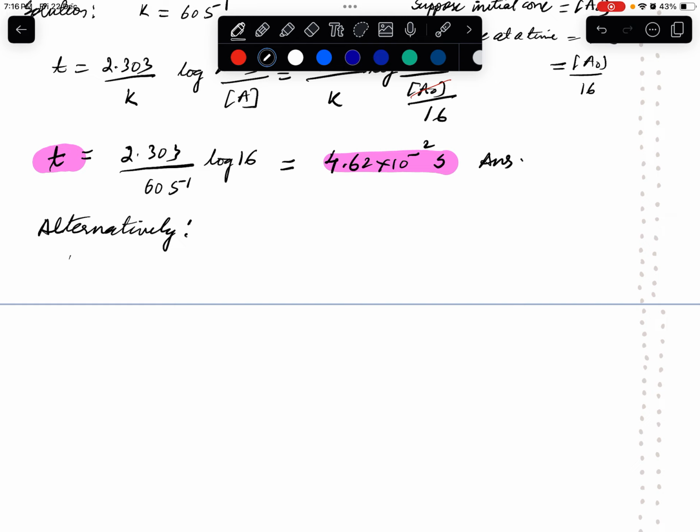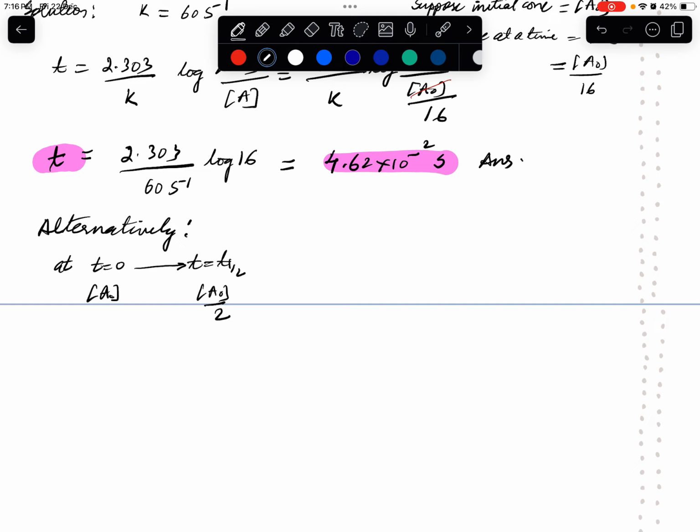Initially at t equal to 0, the amount of A that we have is A naught. Now we let time pass, equal to the t half. After a time equal to the half life of this compound, the amount left is A naught by 2.